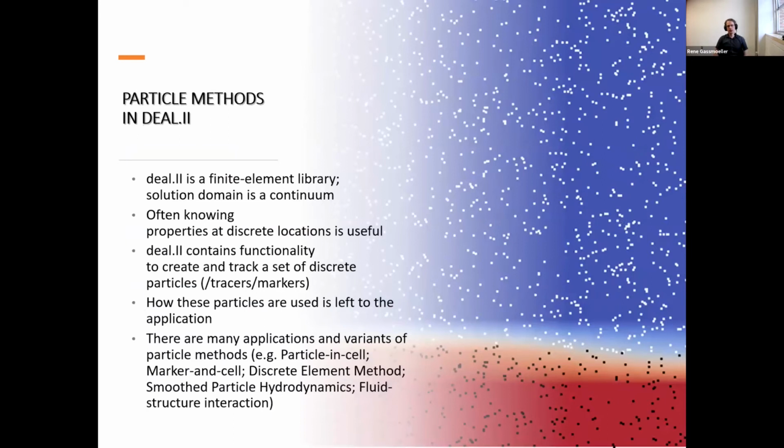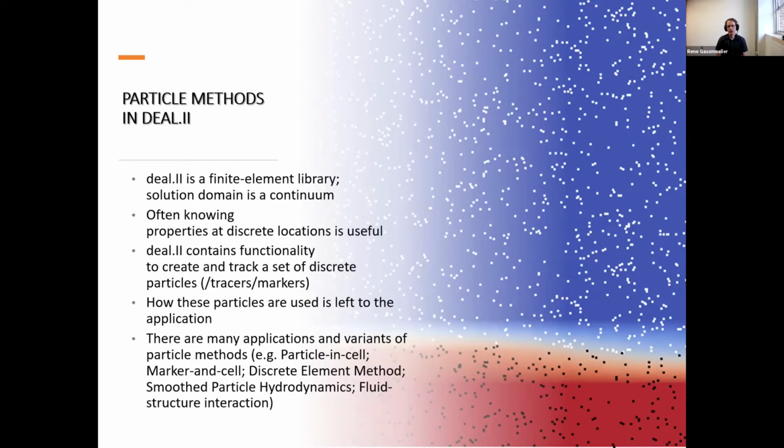To get started, I wanted to quickly talk about what we mean when I talk about particle methods. As you know, deal.II in its fundamental basis is a finite element library, which in particular means that it usually is used to solve equations on a certain domain, and the solution of these equations is defined in this whole domain. Whether it's continuous or discontinuous, it's usually known at every point in this domain, and the domain is considered a continuum.